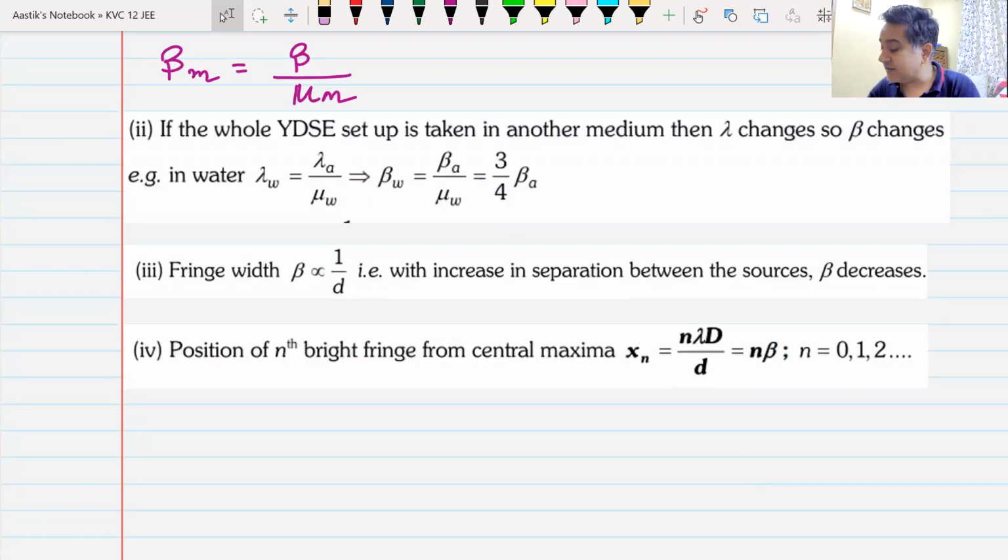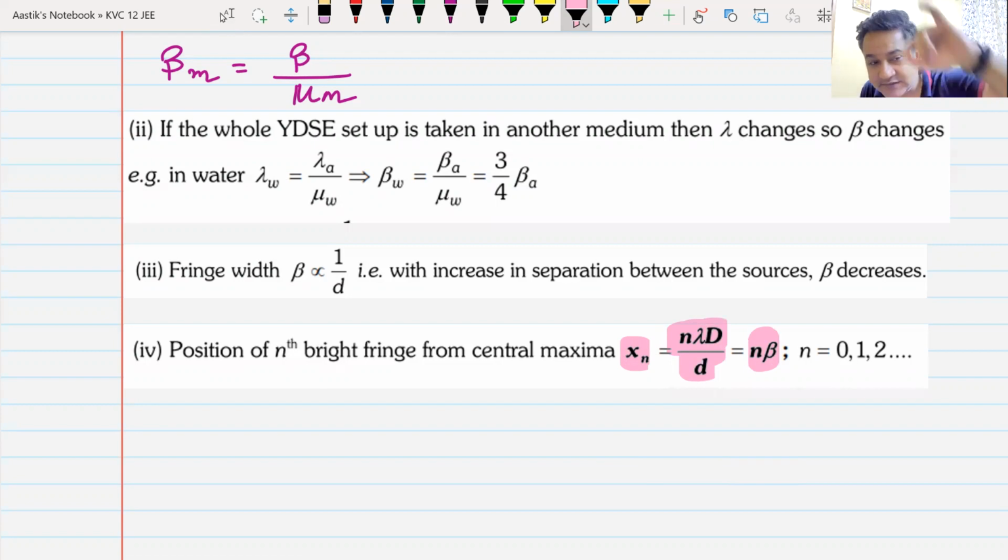The next one is this. The position of the nth bright fringe from central maxima, we know that it is n times lambda D by small d. You can write it as n times beta. Do we understand this? So if beta changes, that was the question I asked you, the position of the bright fringe will also change. The central bright fringe always remains at the center.